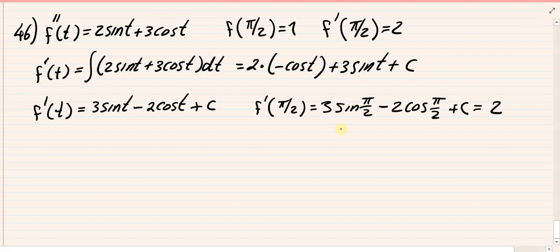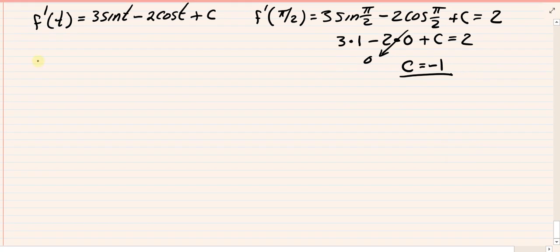Sine of 90 degrees is 1, so that's 3 times 1. Cosine of 90 is 0. Plus a constant equal to 2. 3 minus 2 times 0, of course, is 3. Subtract 3 from both sides, we get c equals negative 1. Therefore, the derivative function f prime t is 3 sine t minus 2 cosine t minus 1.